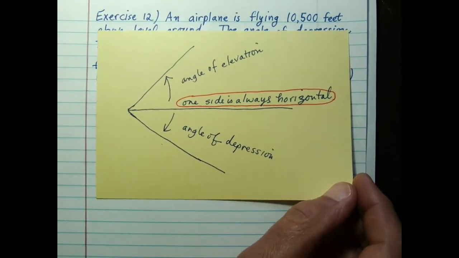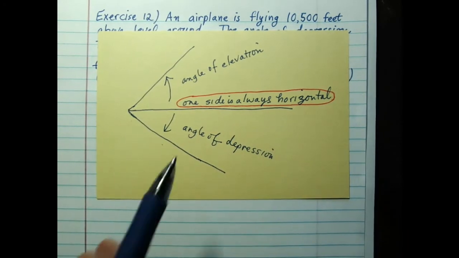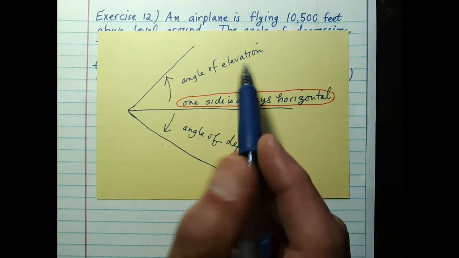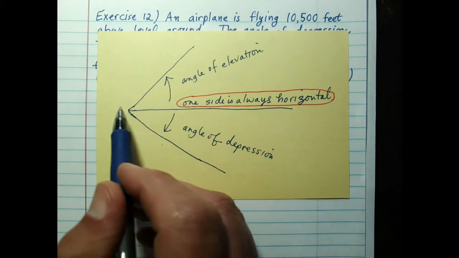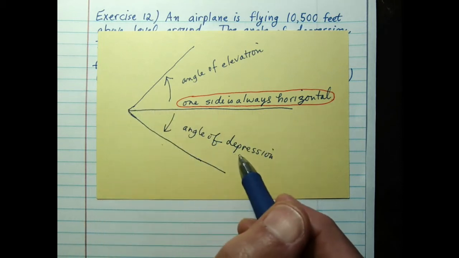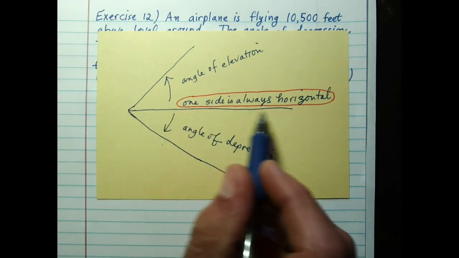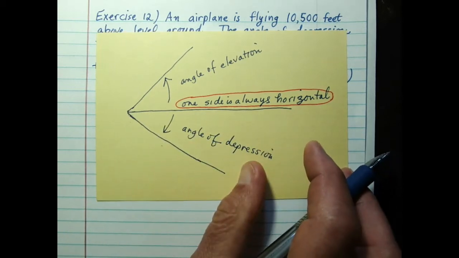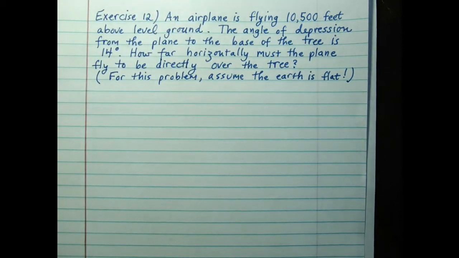I'm not sure it merits its own yellow card, but sometimes we talk about angle of depression, sometimes angle of elevation, but in either case, one side is always horizontal. So when you're drawing a figure to represent a problem, the angle of depression or the angle of elevation referred to has to have a horizontal side or something's wrong. If you just remember that, you'll be okay. That's the main thing to keep track of here.